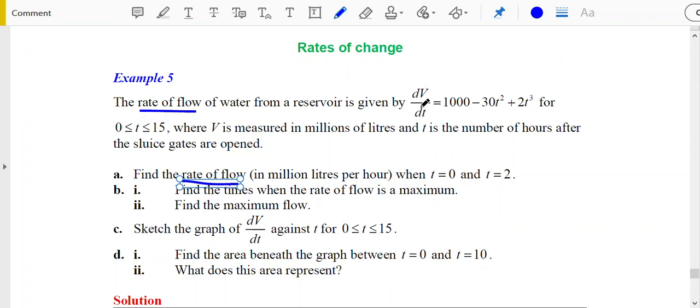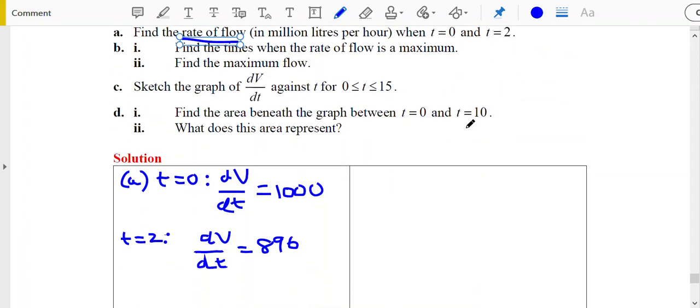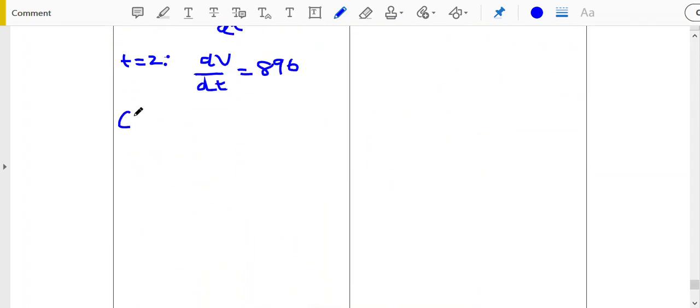You could sketch this function, which is the rate of flow, and then find the maximum rate of flow. Okay. You could use calculus as well. Okay, so finding the maximum of something, you find the derivative and you make that equal to 0. So either approach would be okay.